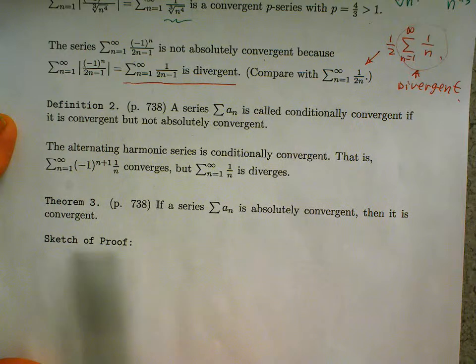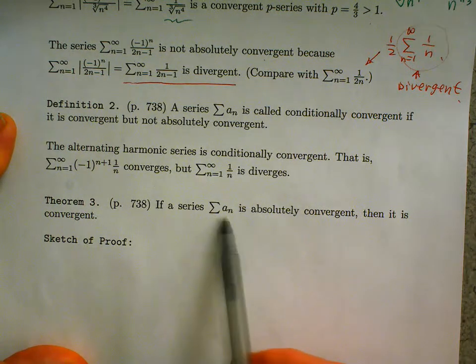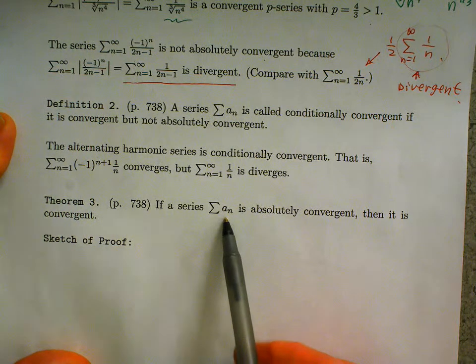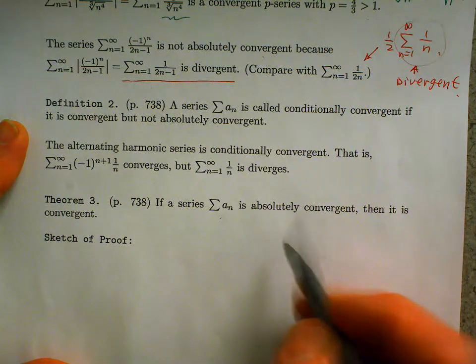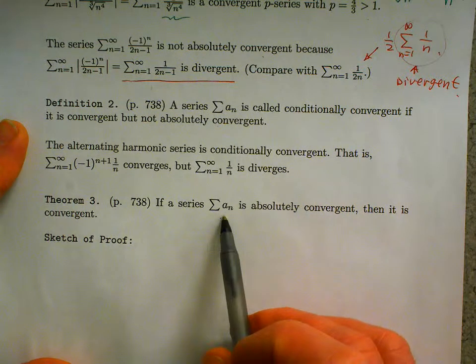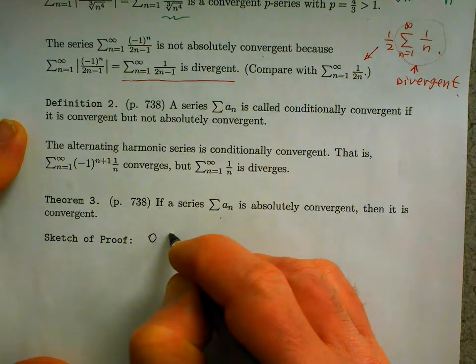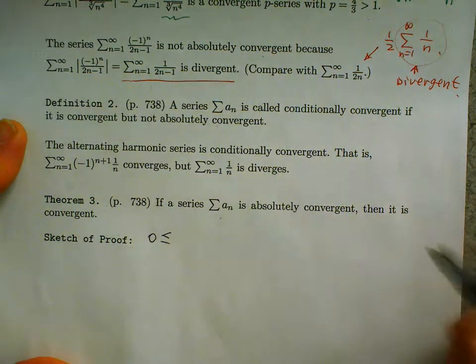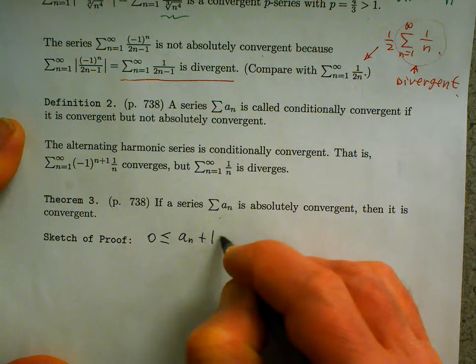So we'll do a sketch of a proof. This given series could be an alternating series or not. But regardless of what kind of series it is, this will always be true: 0 is less than or equal to a sub n plus the absolute value of a sub n.